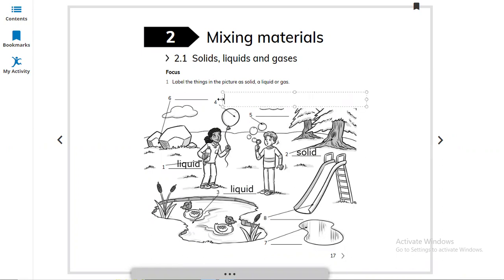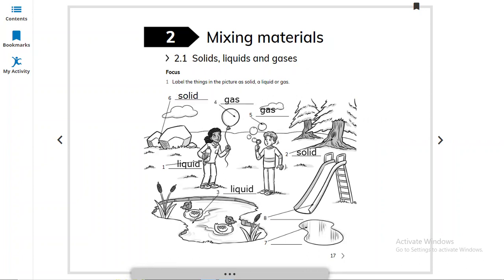So it's gas. And same as number 4, number 5 also. This one is bubbles. Inside the bubble, we can see air. So it's gas. And number 6, it's a rock. Rocks are solid. So we are writing solid here.